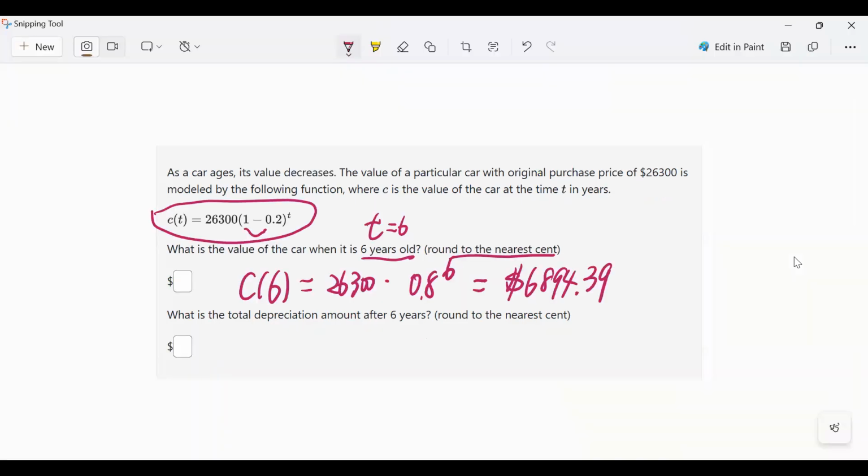Right now, this is the value after 6 years. That means the value of the car goes down from the original purchase price of 26,300 to this.